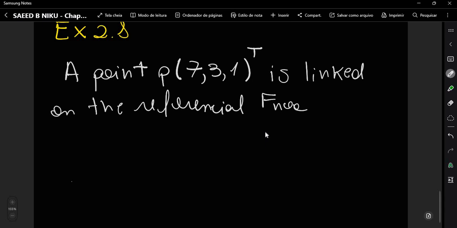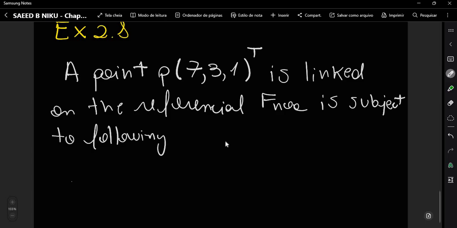And this point is subject to the following transformations.